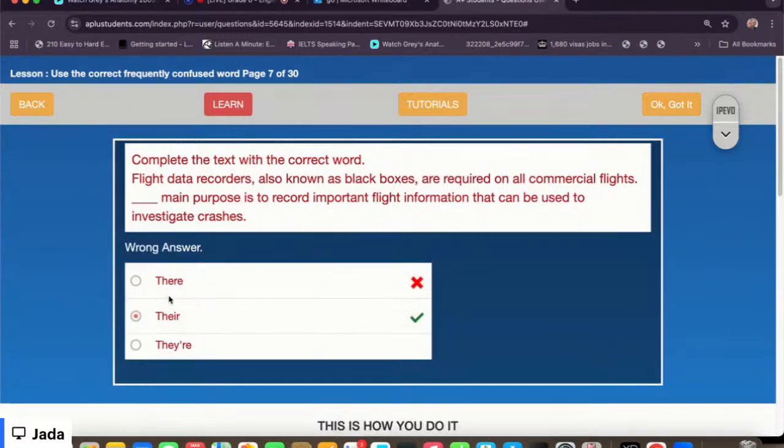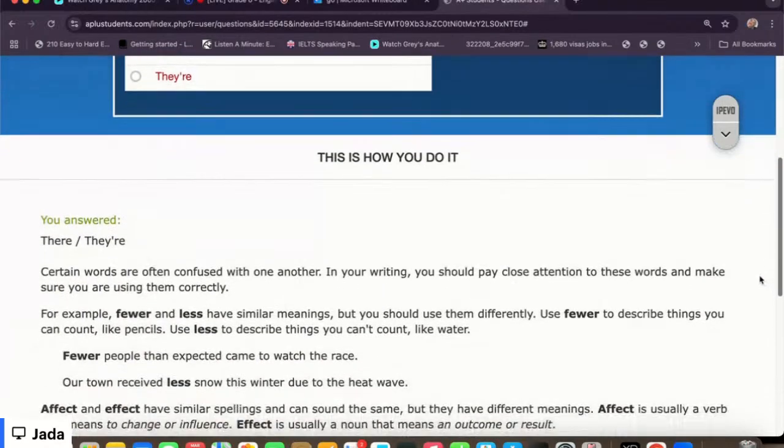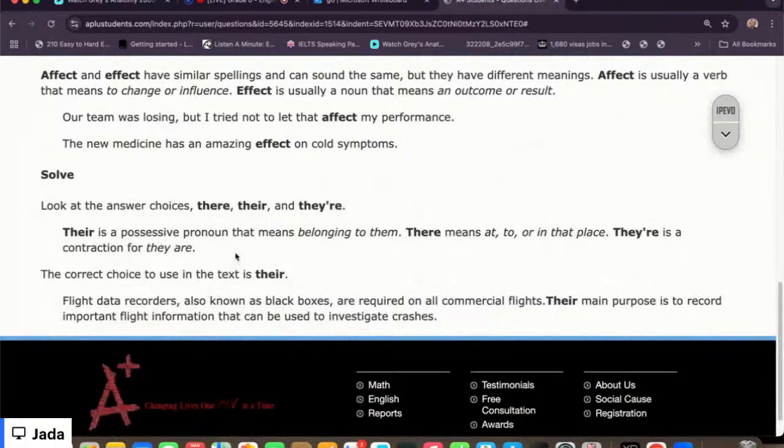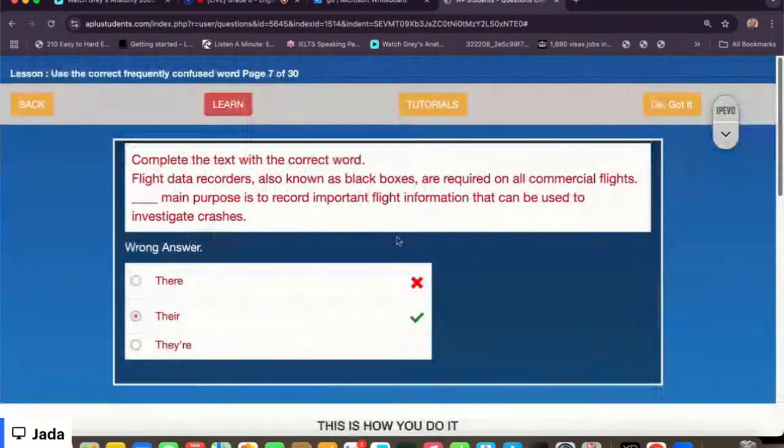So if you say there, it is incorrect, because we can look at it over here. Their is a possessive pronoun that means belonging to them, exactly. Then there means at, to, or that place. So that is the difference. They're is a contraction for they are. So you have to choose the one that shows possession: their main purpose. Okay.